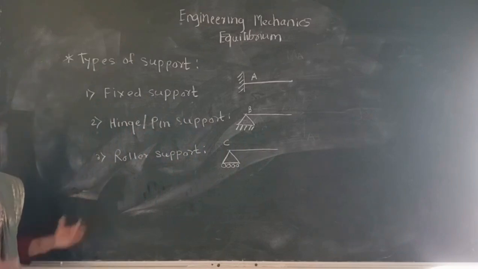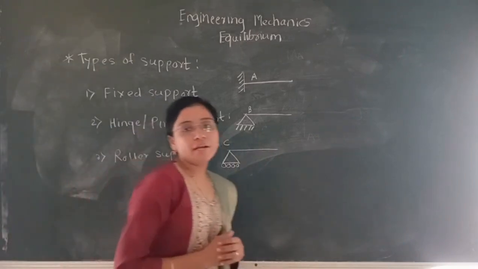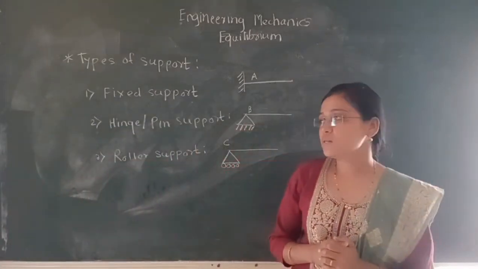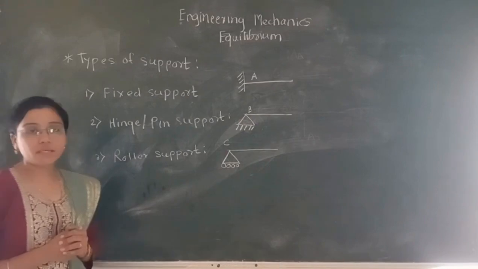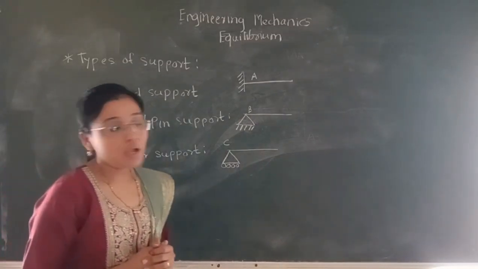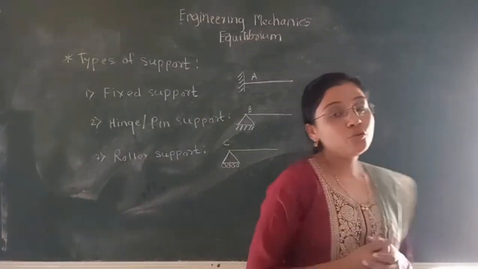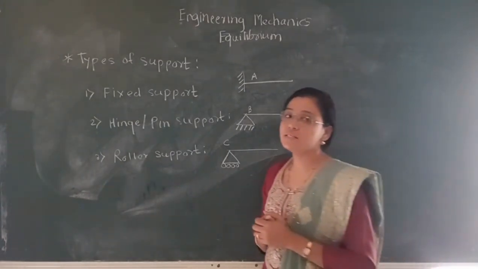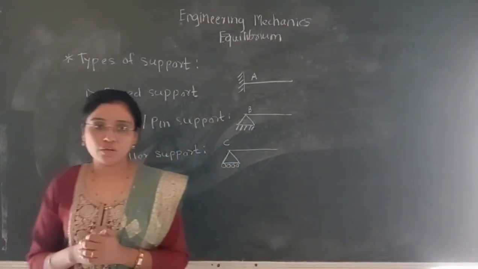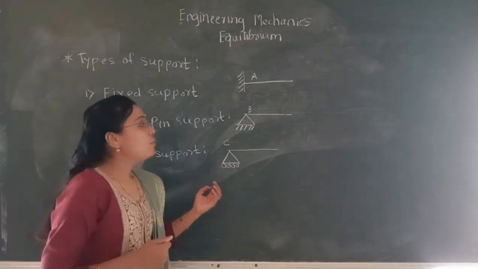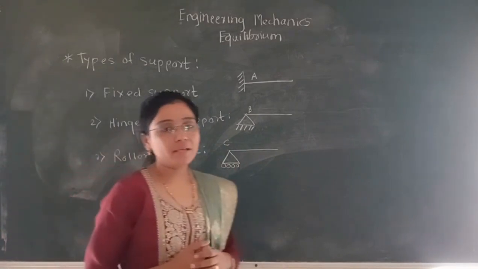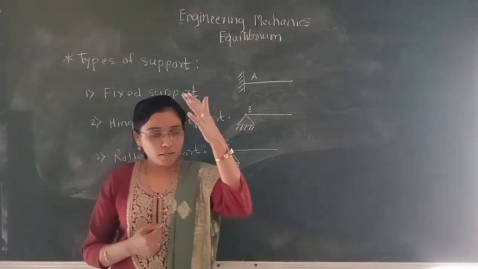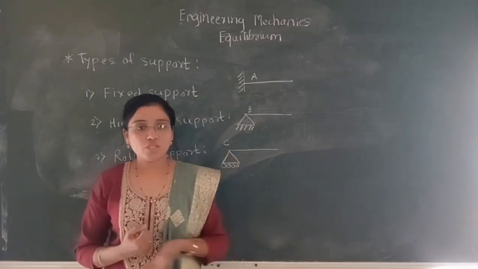Okay. Now the next term is constraint reaction. What is meant by constraint reaction? Constraint reaction is nothing but reaction. Newton told us that in the universe, for every action there is a reaction. Our beams normally show motion in three ways: in the horizontal direction, in the vertical direction, or rotation.